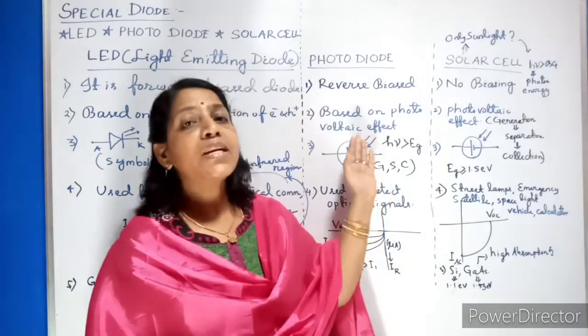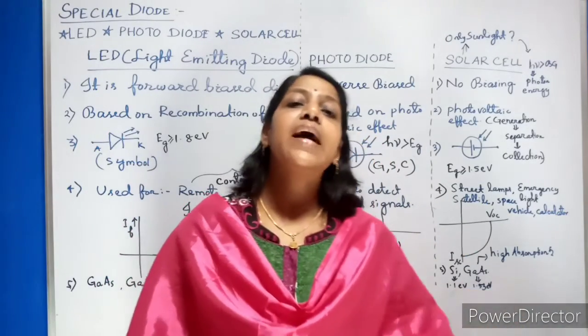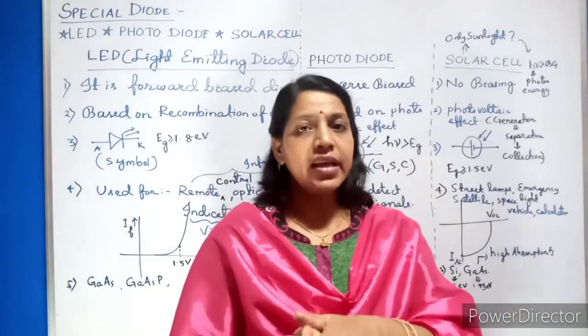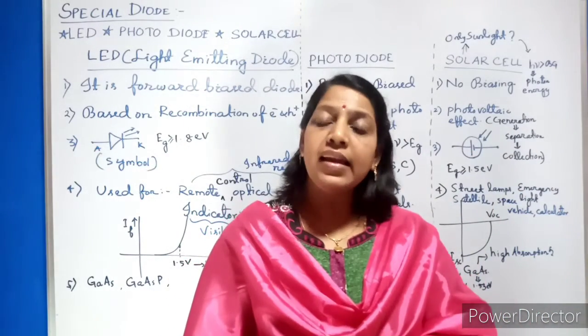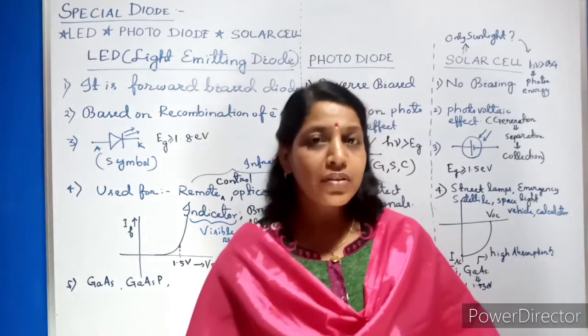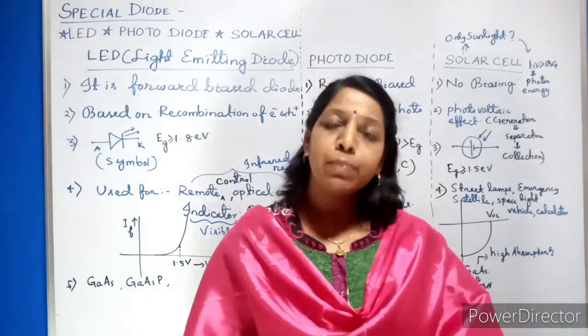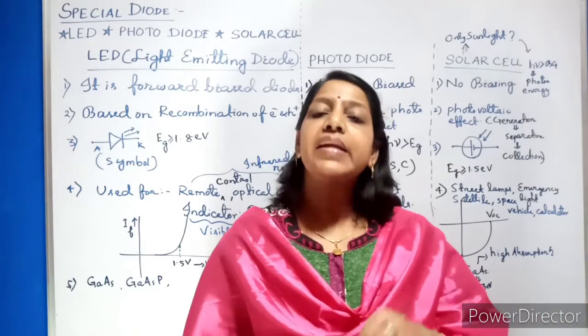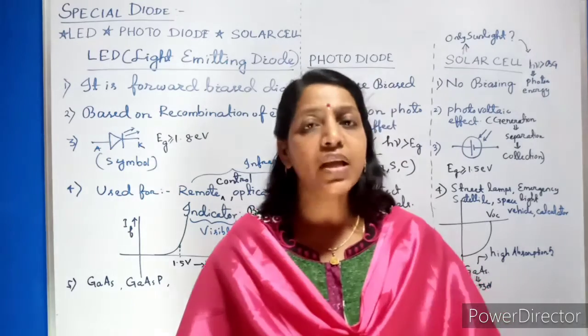Similarly, the photodiode operates on the process of the photovoltaic effect. What is the photovoltaic effect? When light falls on a semiconductor which is highly light sensitive, meaning it will absorb the light very easily, then it converts that light energy to a voltage.